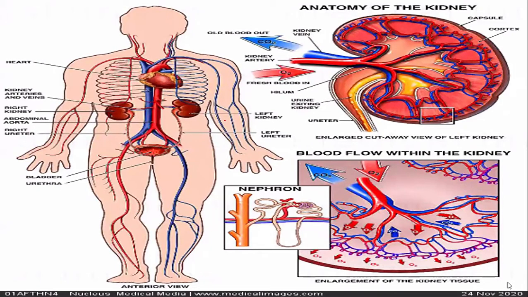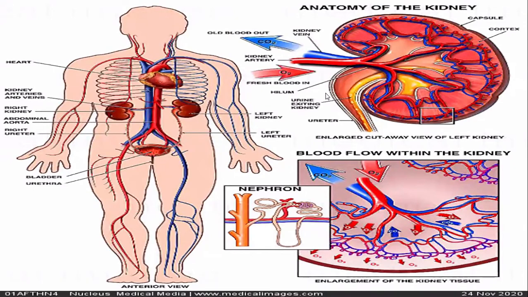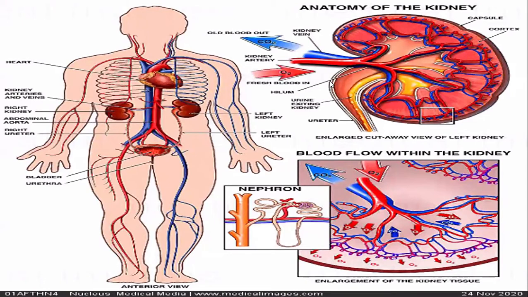So we review. From here, it will go through the superior vena cava or inferior vena cava, then to the right atrium, then right ventricle, then the pulmonary arteries, then the pulmonary veins, left atrium, then left ventricle, then aorta, di ba?